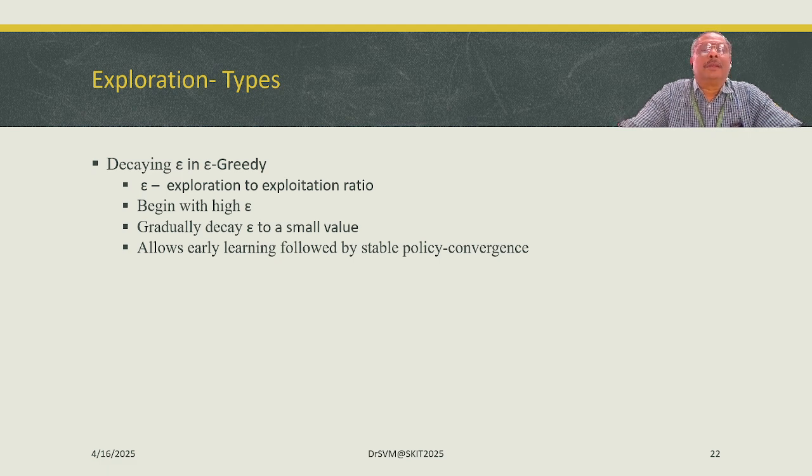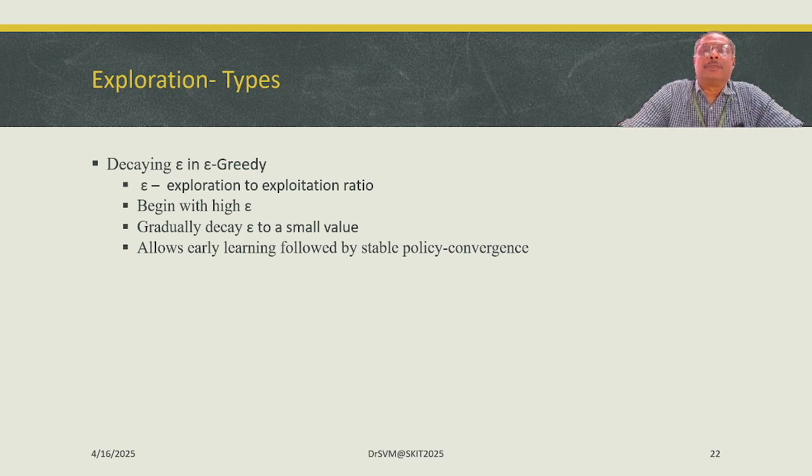But here, in the previous case, where we were talking about random exploration, we had an example of epsilon greedy, where epsilon is supposed to be fixed. Now we can make epsilon vary because when we begin our journey, nothing is known.